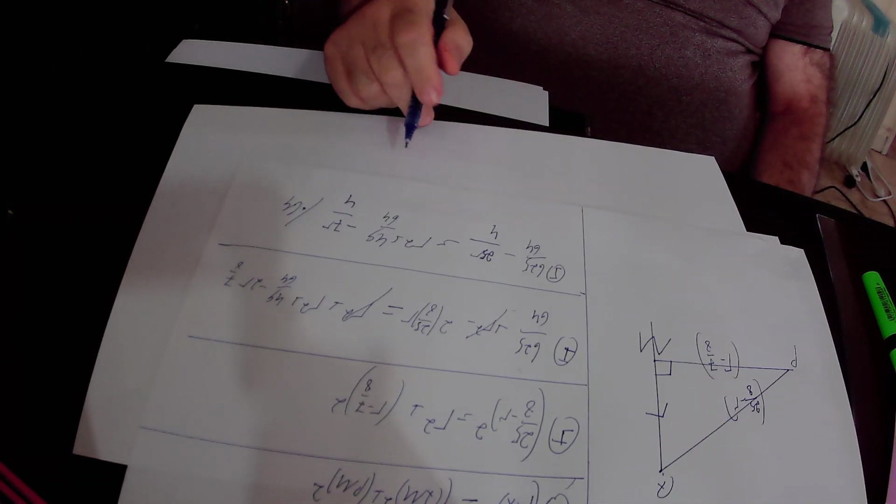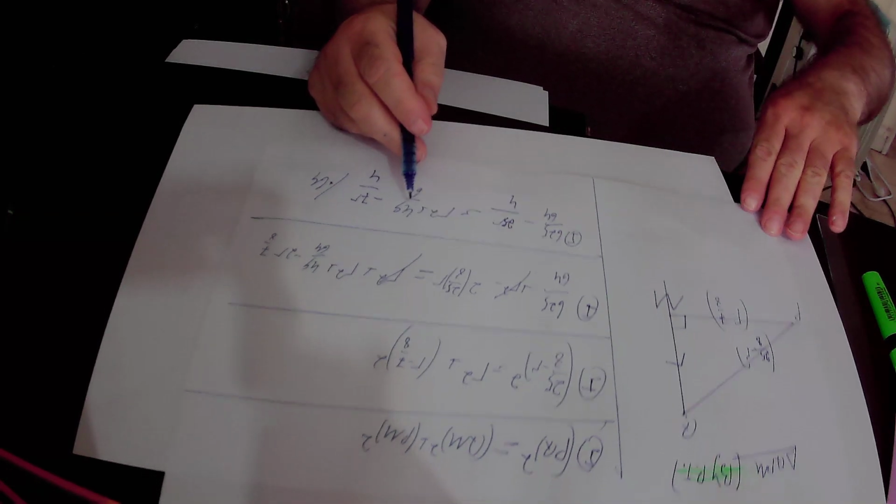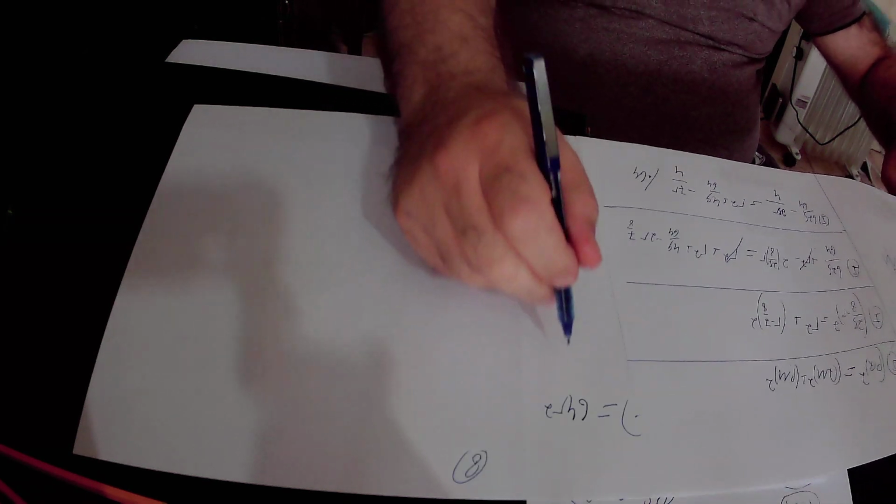Here we have 64 over 64 is 1, so we are left only with 49.